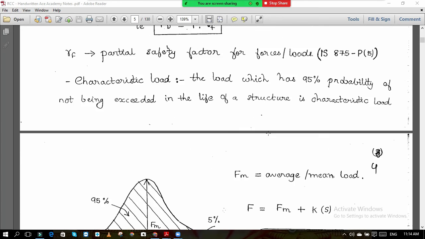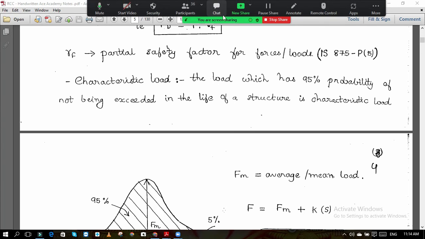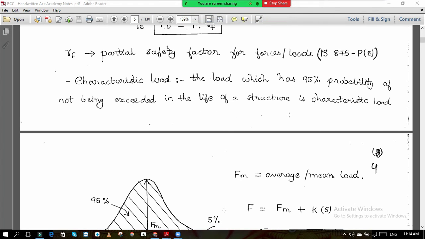Then the next thing is the characteristic load. You already know what the characteristic load is. The load which has a 95% probability of not being exceeded in the life of the structure is the characteristic load. Suppose you design a beam and you have taken a characteristic load of 150 kilonewton.